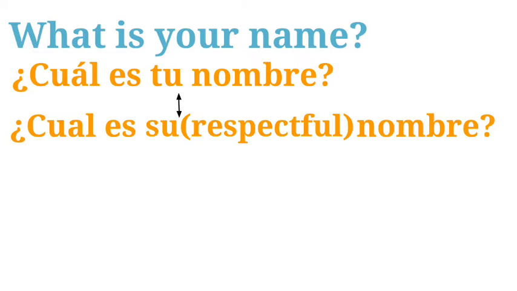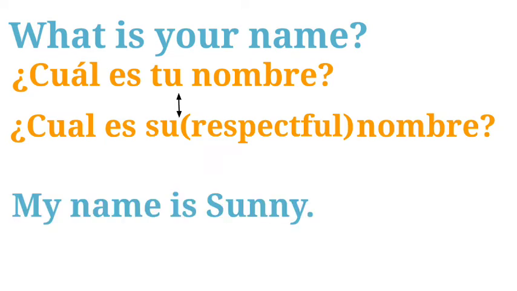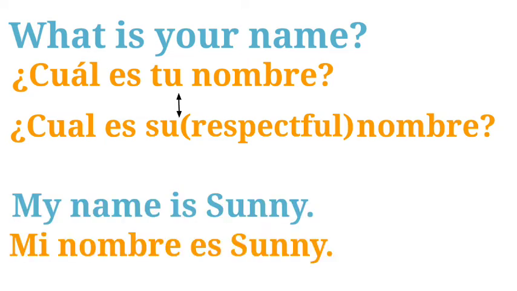And replying to that question is also very easy. It's mi nombre es, for example, Sunny. Mi nombre es Sunny. Now, usually when I spell my name, the Spanish speakers always read it as Suni. Remember in the last lesson I told you that there is no confusion as far as the sound of vowels is concerned. That is the reason why they do it, because my name spells S-U-N-N-Y, and U for them is just U, so they always say Suni.